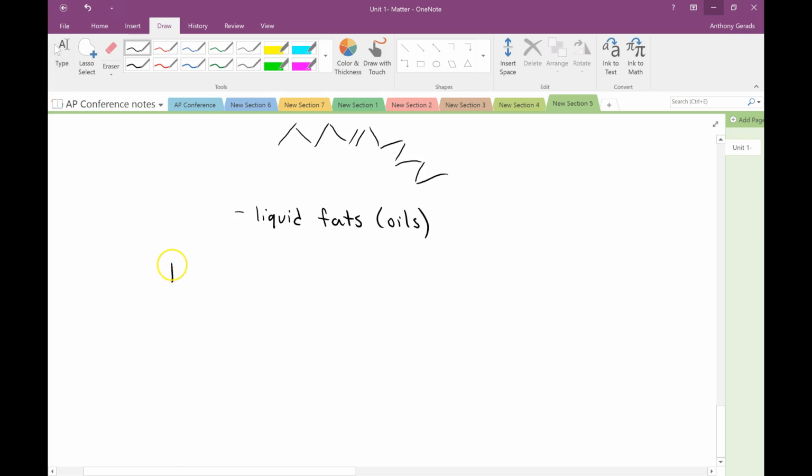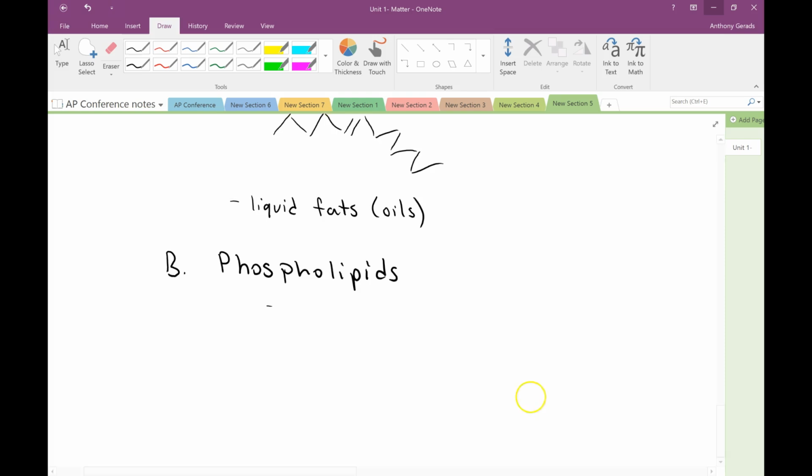Our next type of lipid is a phospholipid. Phospholipids compose what? What's made out of phospholipids? Starts with cell, ends with membrane.